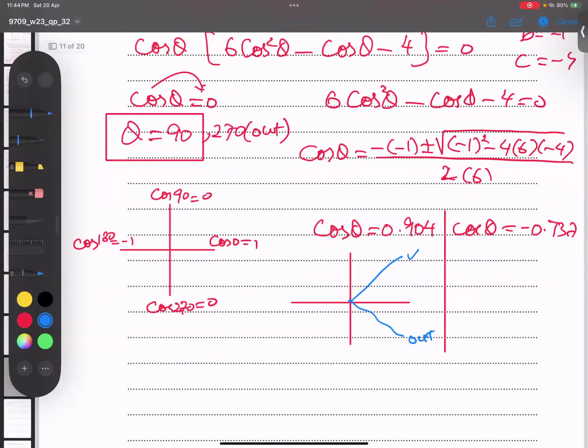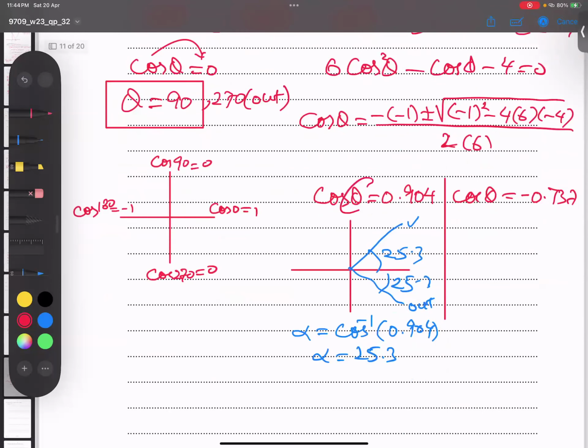When I find the principal angle, cos inverse of 0.904, I get 25.3. So my answer is 25.3 degrees, that's the second answer.